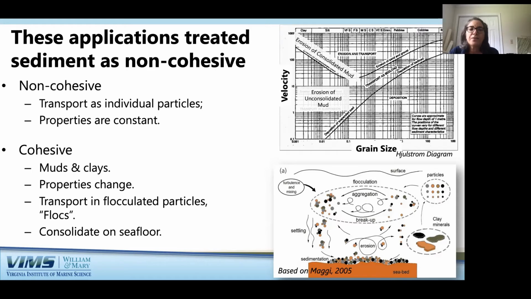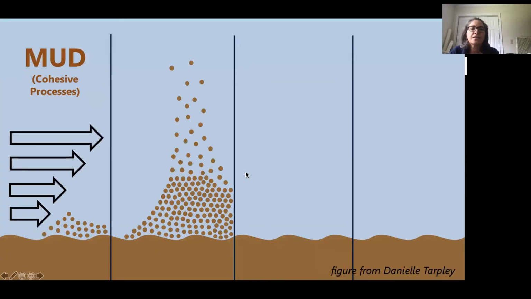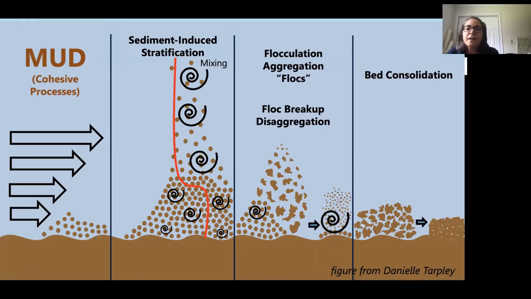And so my group has been working on trying to account for these processes by using a different version of the CSTMS, using a version that came out in 2018. And the development was led by Chris Sherwood.